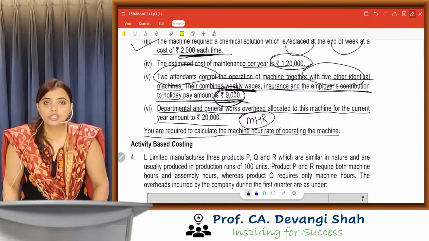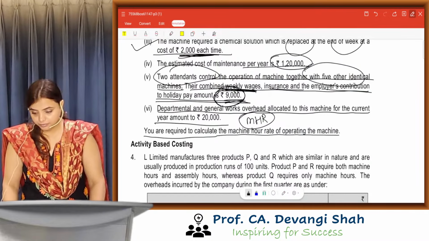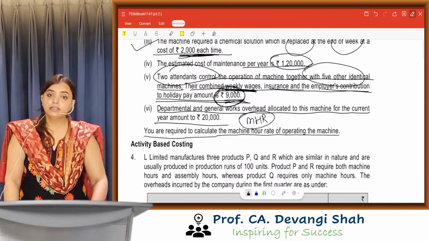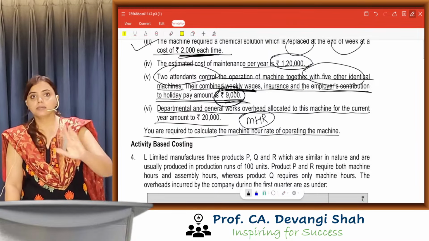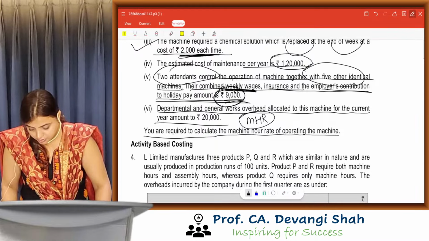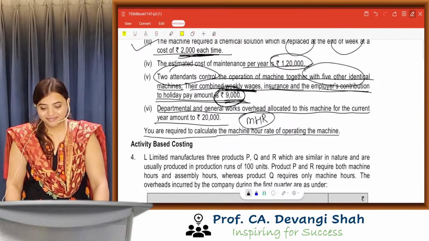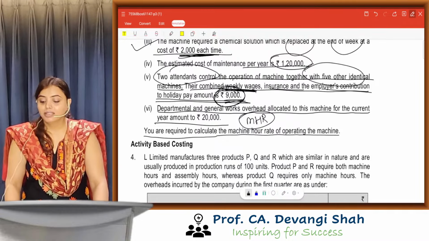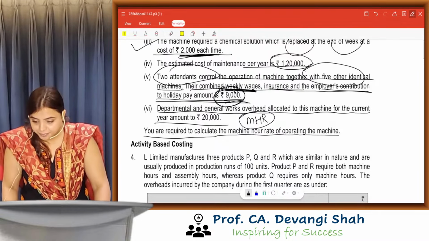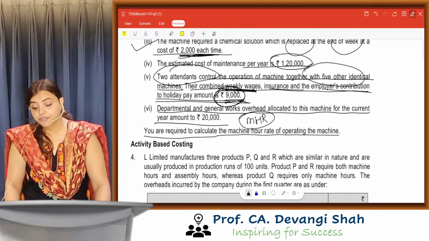Friends, can you tell me how many machines are there in total? With this machine they are controlling the other 5.